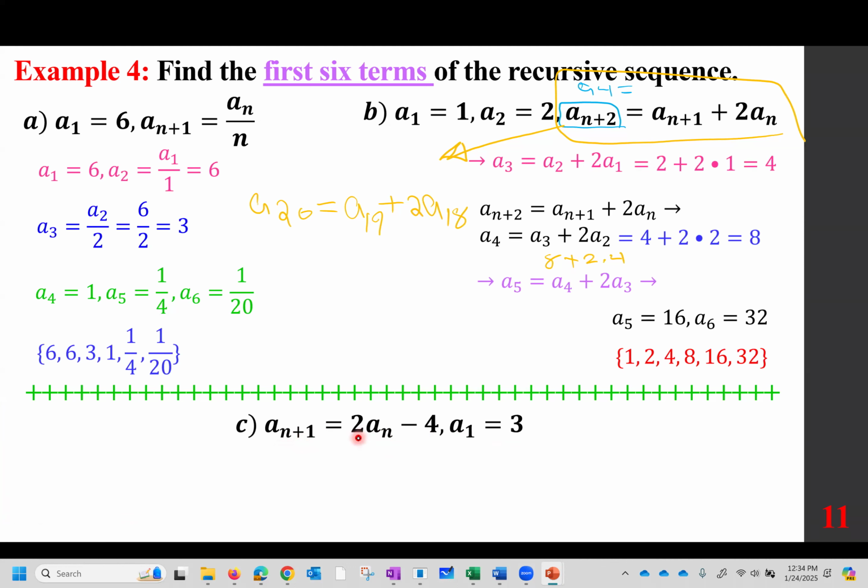So what is the formula for A sub 2? 2 A sub 1 minus 4, according to this formula. It's important to understand the general term and what it indicates. This means if I want A sub 2, 2 A sub 1 minus 4. So 2 times 3, 6 minus 4, the answer is 2.